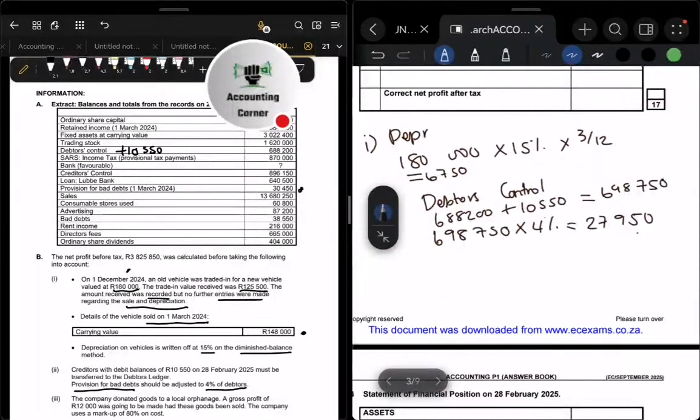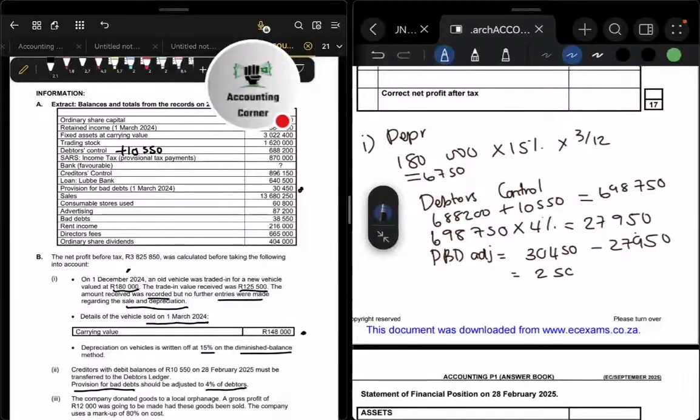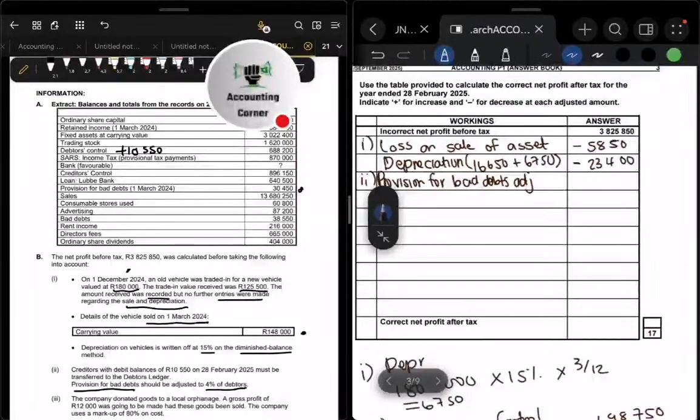Provision bad debt adjustment will now be equal to 30,450 minus 27,950, which is 2,500. A plus.